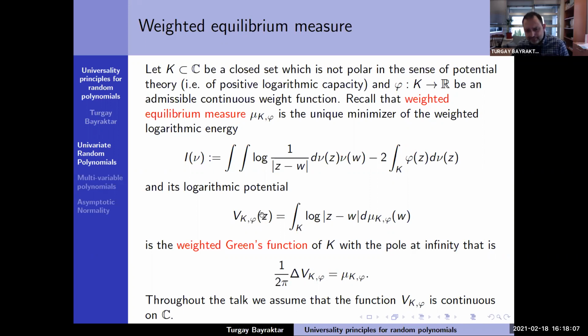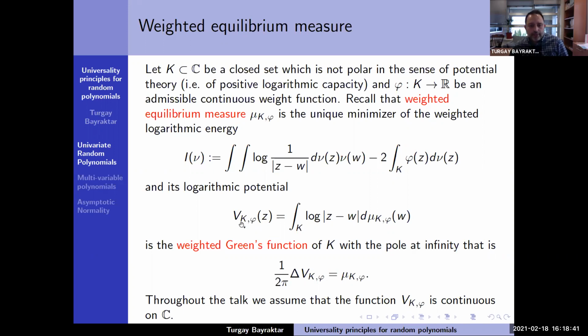I'm skipping some details here. There should be a constant here, but that's not a problem for the moment. For those who know potential theory, if you want to write down the Green function, you take the logarithmic potential and add a constant. But for now, we don't emphasize that. Now, this measure nu_{K,phi} is called the weighted equilibrium measure associated with K and phi.